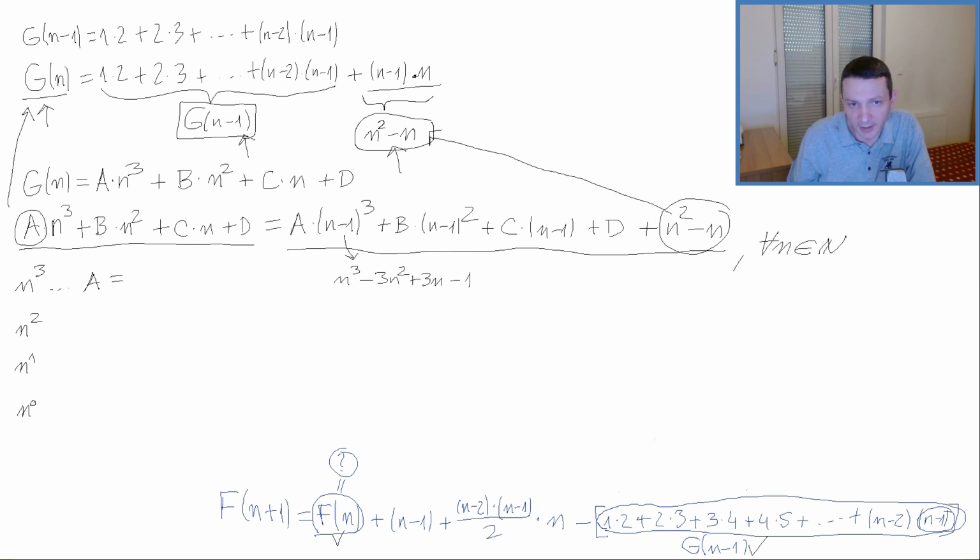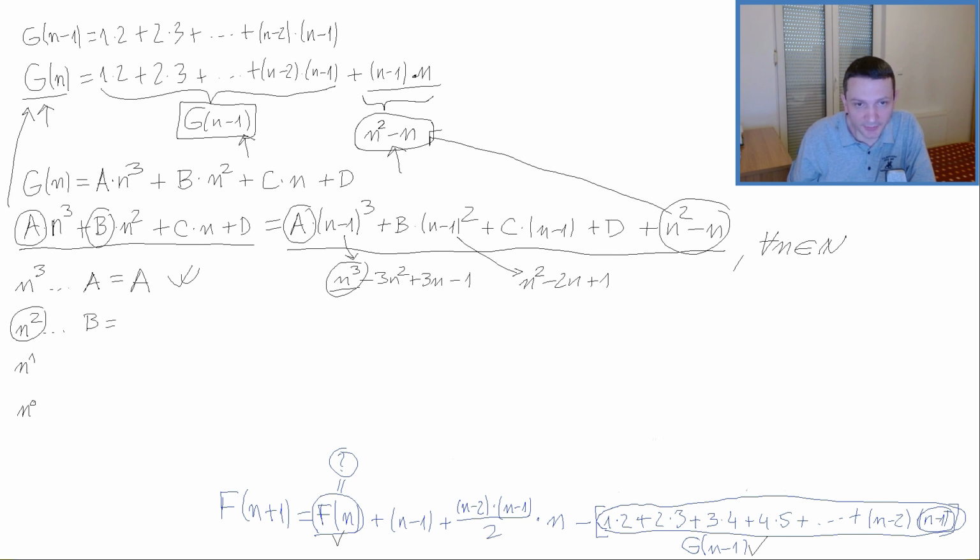We again have just this 1 n cubed times a. So we again have a in front of this n cubed. So we have a equals a. This is true, but we obtain nothing from that information. Also, we know that this n minus 1 squared is nothing but n squared minus 2n plus 1. And so we will look at what we have in front of n squared. On the left we have only this b.